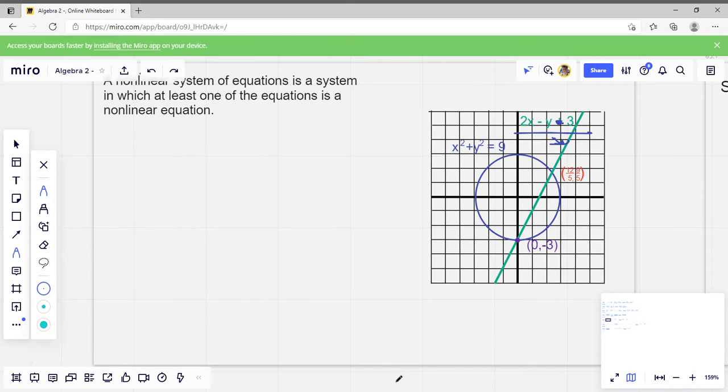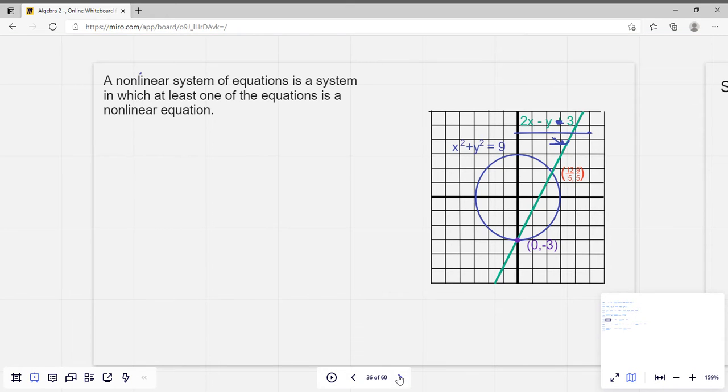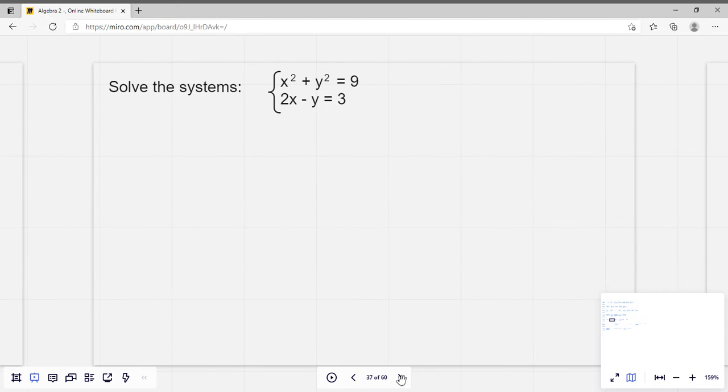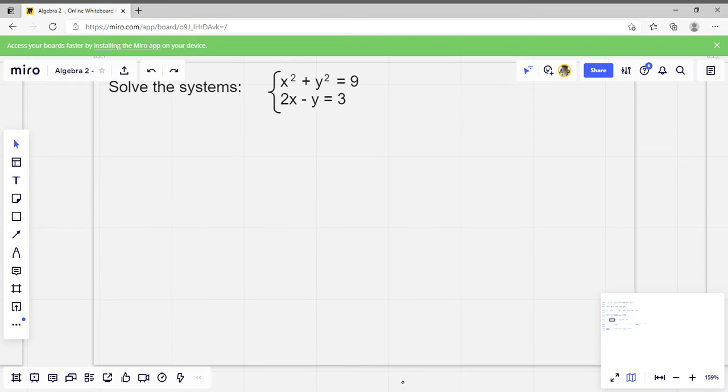All right, so to solve those, here is that system of equations, and we're going to try to solve that. First thing I'm going to do is rearrange this bottom equation so that I have y by itself right here. That way I can use substitution to solve this. So I'm going to start by rearranging that.